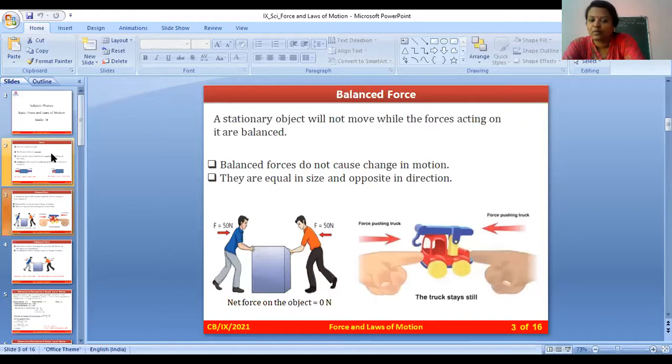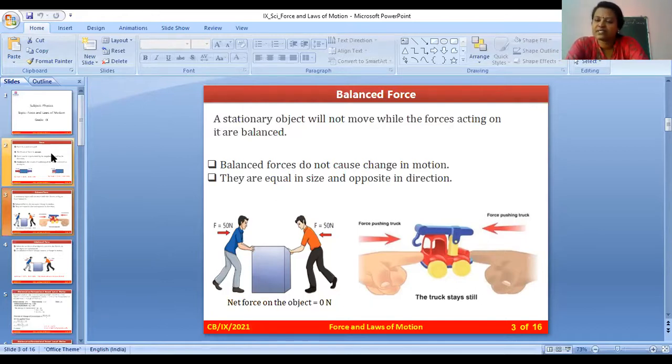Here, let us see what are the examples of balanced forces. A stationary object will not move while the forces acting on it are balanced. Balanced forces do not cause change in motion. They are equal in size and opposite in direction. Net force on the object, the total force, like 50 Newton on one side, and this side also we have 50 Newton. So definitely it will have the total force 50 minus 50 as 0 Newton.